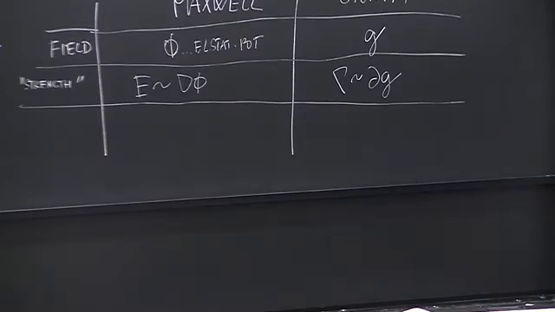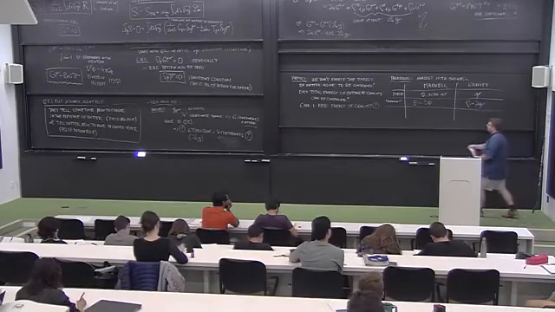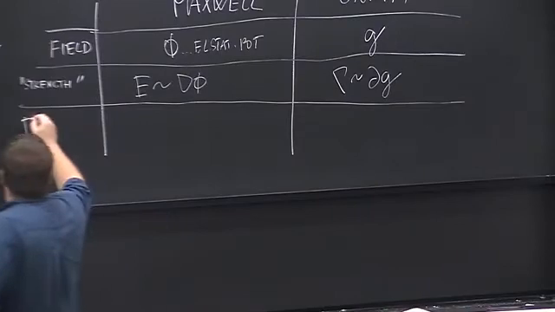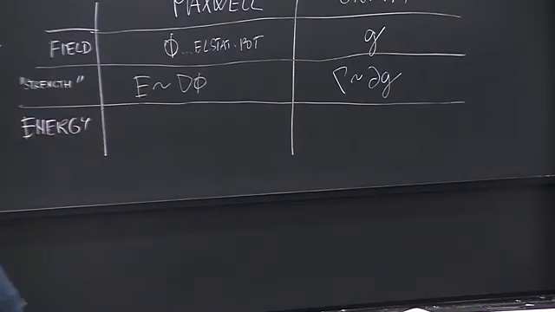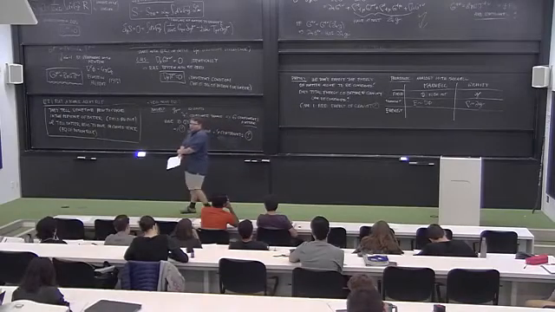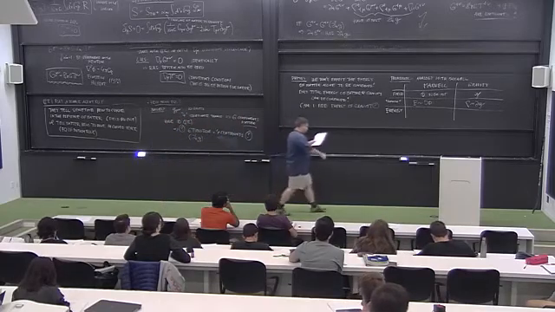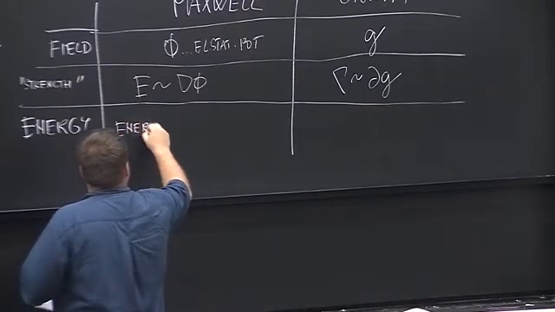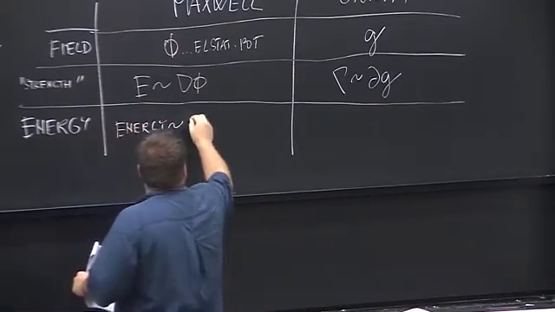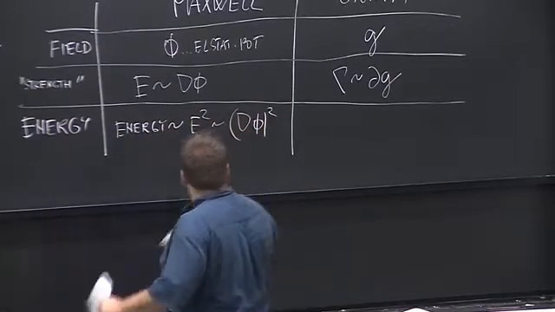Now what is the energy density in the Maxwell case? If you study the Maxwell theory, it is something like 1/2 (E squared minus B squared). So the energy goes like E squared, so it goes like nabla phi squared.